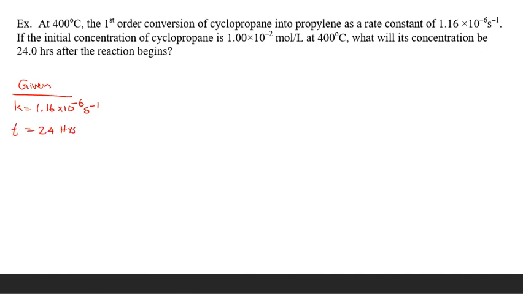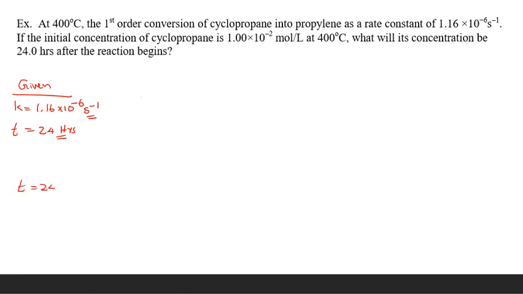What I notice here is that the unit of k is in seconds, whereas the time given is in hours. We cannot use different units for time, so we will convert that into seconds.